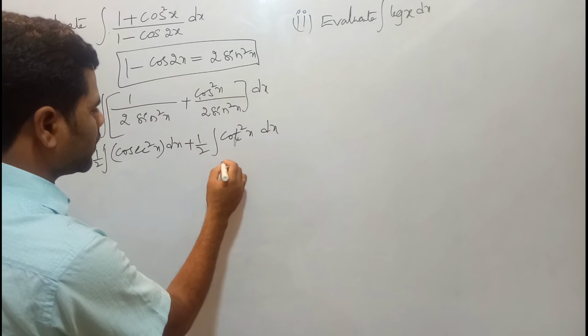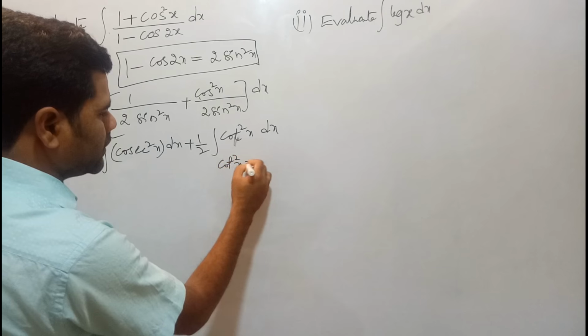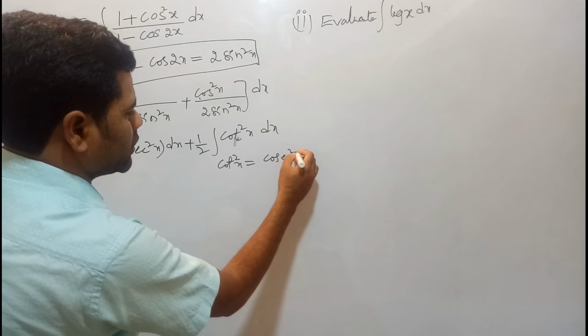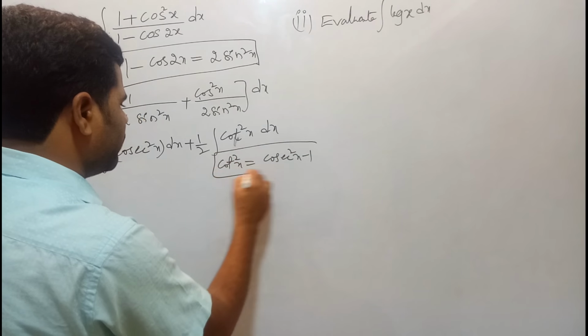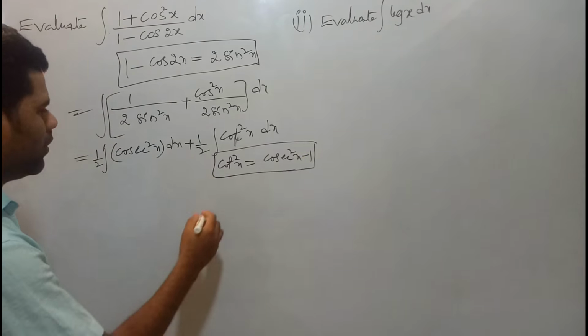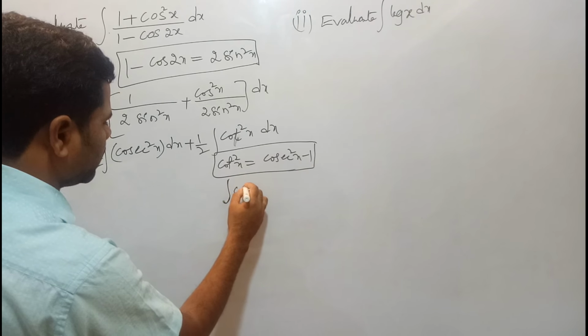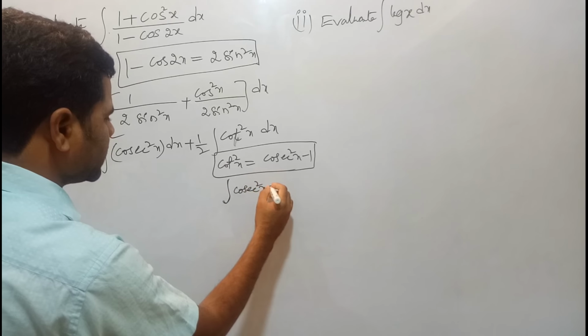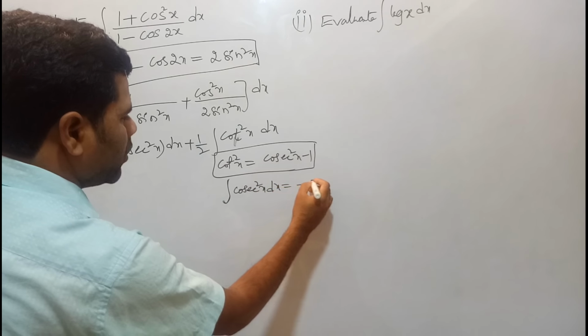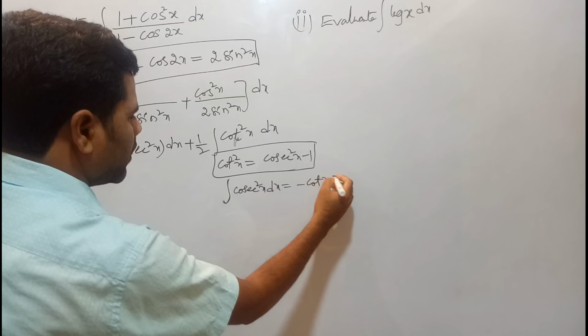And we know that cot square x is equal to cosecant square x minus 1, and integral cosecant square x into dx is equal to minus cot x.